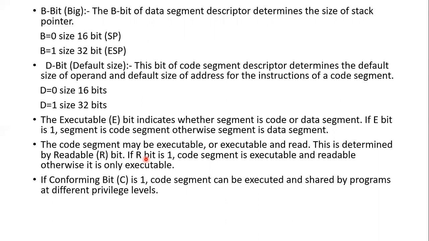That instruction can be any instruction. So what two things will the D bit tell you? The default size of the operand and the default size of the address for the instruction of a code segment. Similarly, when the D bit is 0, its size is 16. When the D bit is 1, its size is 32.